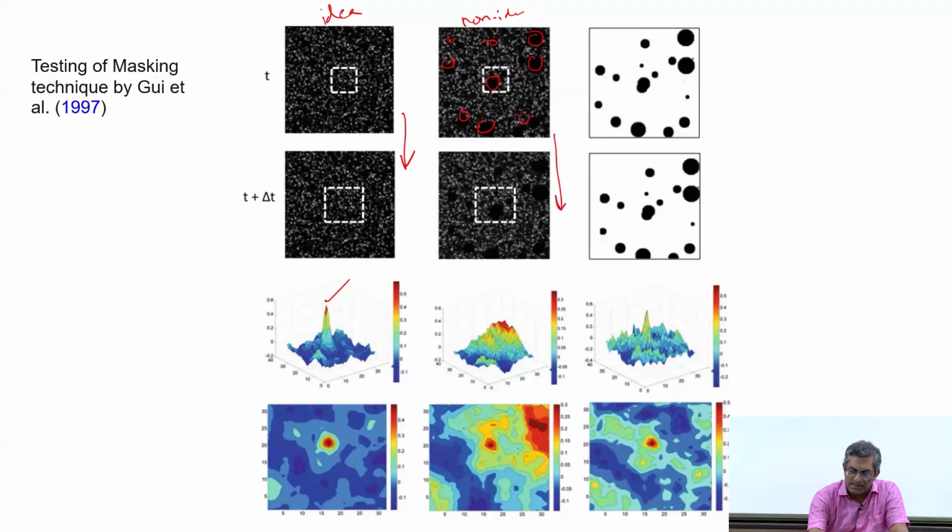But if you process this, that peak is gone, because in your interrogation window now you have empty spaces or holes. So by accounting for that in the masks, we can again regain the correlation peak. So this is the reason why the image processing has to be modified. One approach is this masking technique.